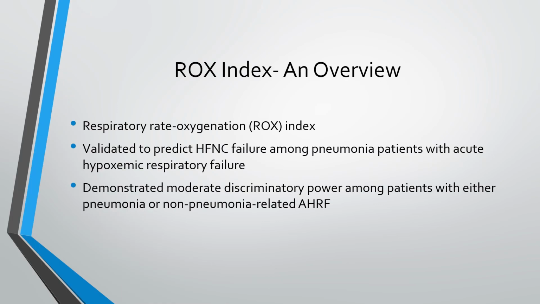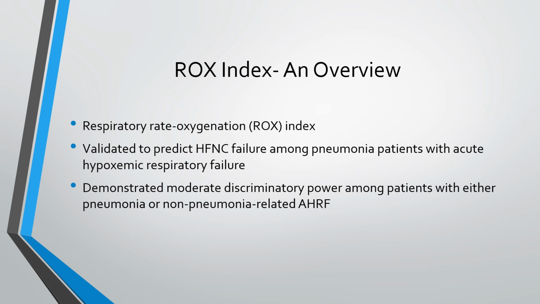The ROX Index is the Respiratory Rate Oxygenation Index, and it takes into consideration the SpO2 divided by FiO2 ratio and respiratory rate, where SpO2 is peripheral oxygen saturation and FiO2 is oxygen concentration.